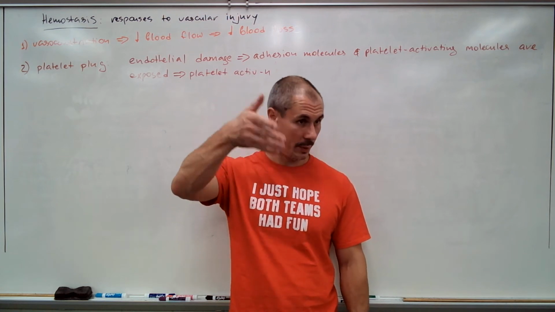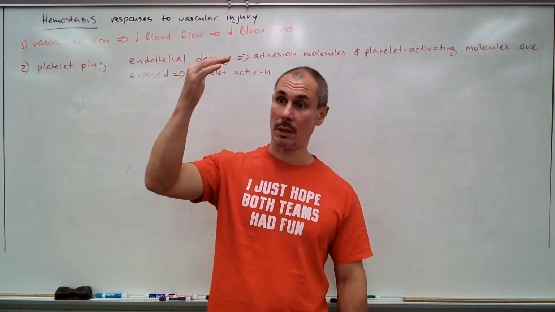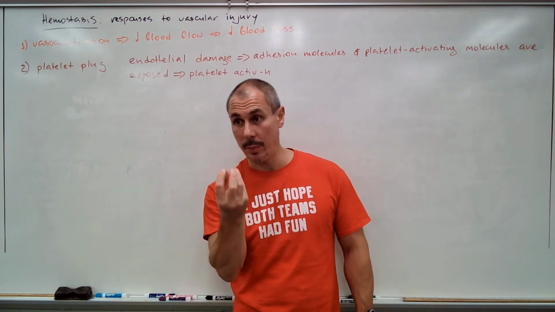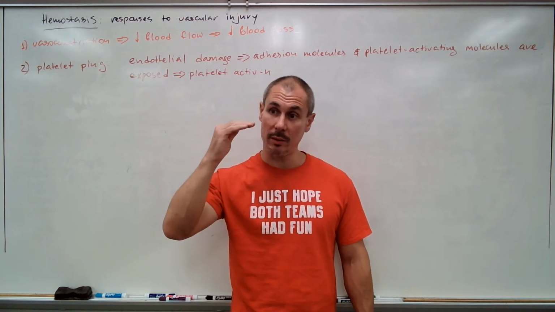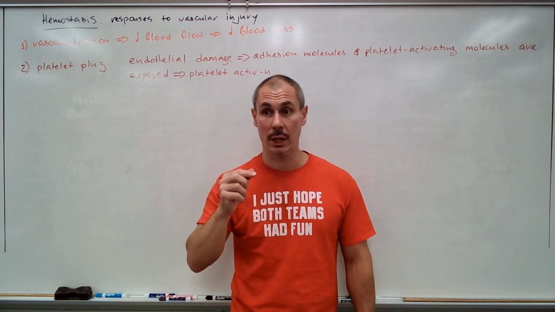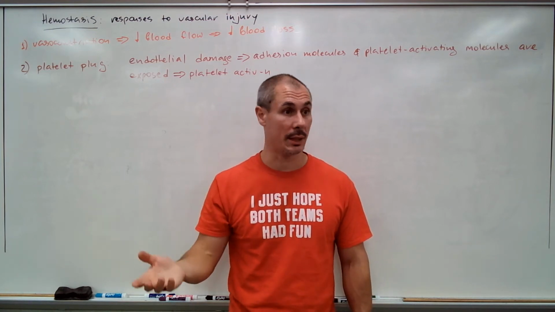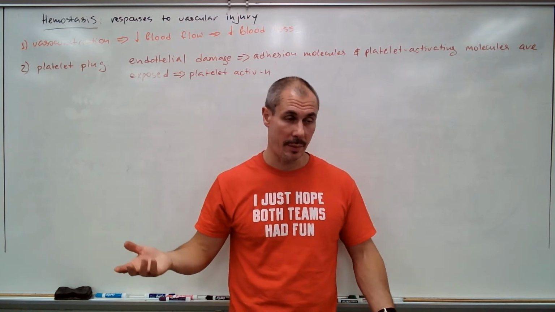You take blood, you spin it down. At the bottom you have formed elements, on top you have plasma, and in formed elements at the very bottom you have a thick, massive amount of red blood cells, and between red blood cells and plasma you have what's called buffy coat. Buffy coat includes platelets and white blood cells. Okay, so you can collect platelets, you can isolate them eventually. There are methods for it.